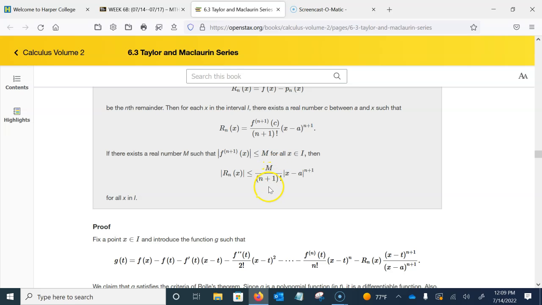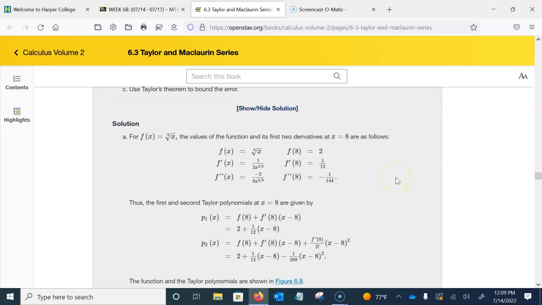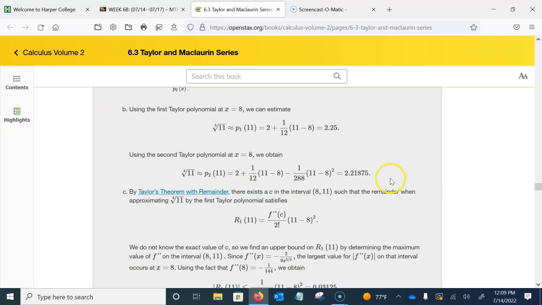Here's the n plus 1 factorial, and here's x minus a to the n plus 1 power. So really it boils down to finding the maximum value of the n plus 1 derivative. So let's go back to our problem here. And here we're asked to find the remainder error for the first and second polynomial. Here's the first, here's the second.